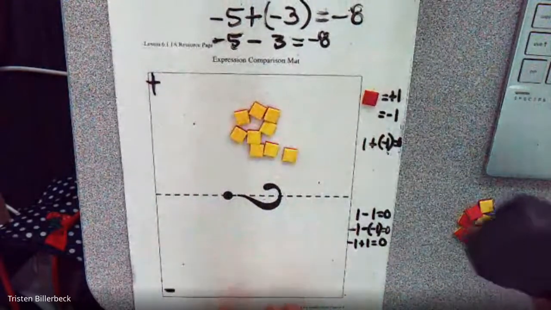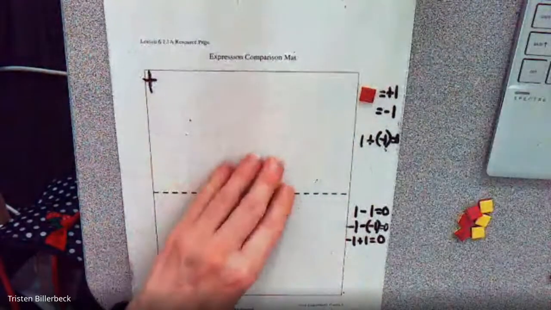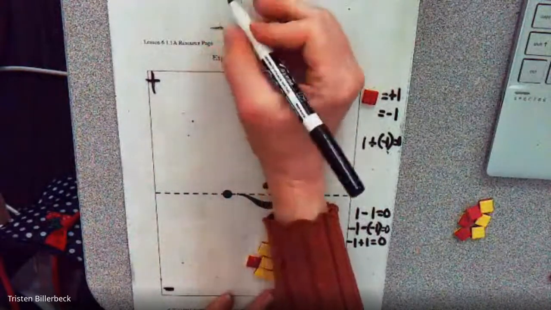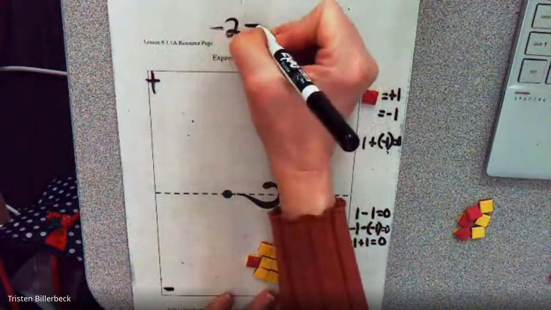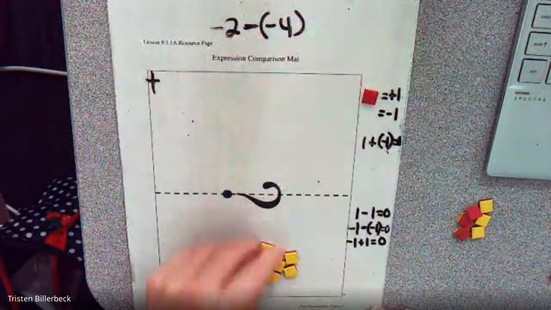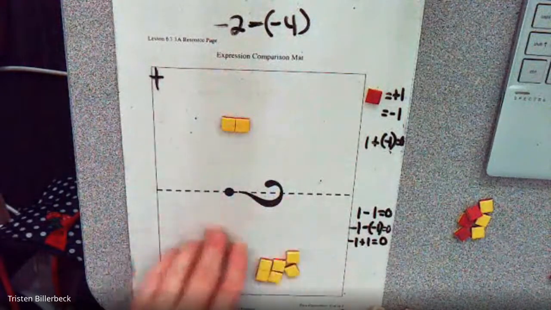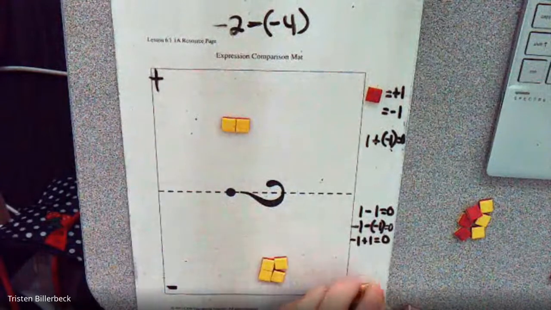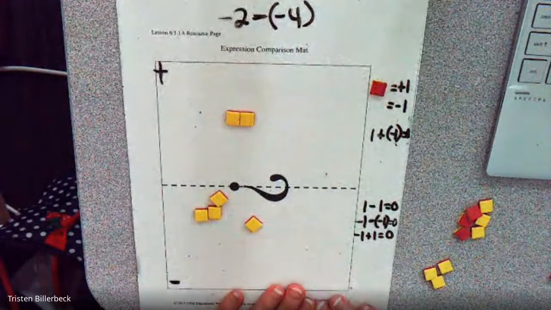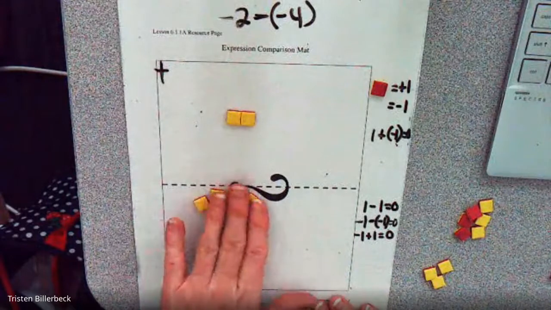All right, let's do one more, and we're going to call it a wrap on integers, okay? Hopefully you'll be geniuses on this. Well, let's go with -2 minus -4. So I have -2, and then I'm in the minus region, but -4. Okay. So remember how if I get up onto the, oh, look at this.